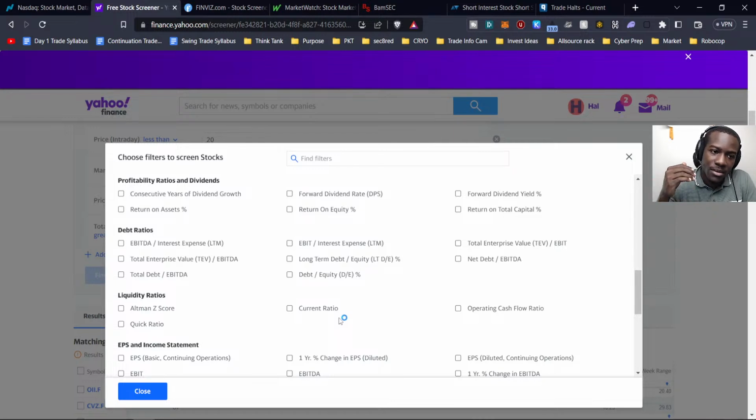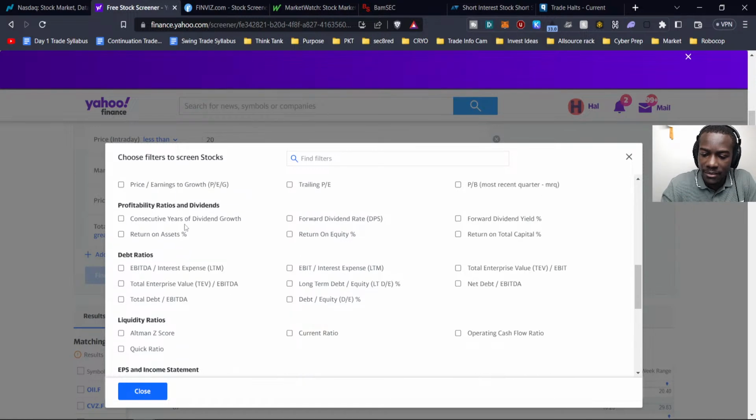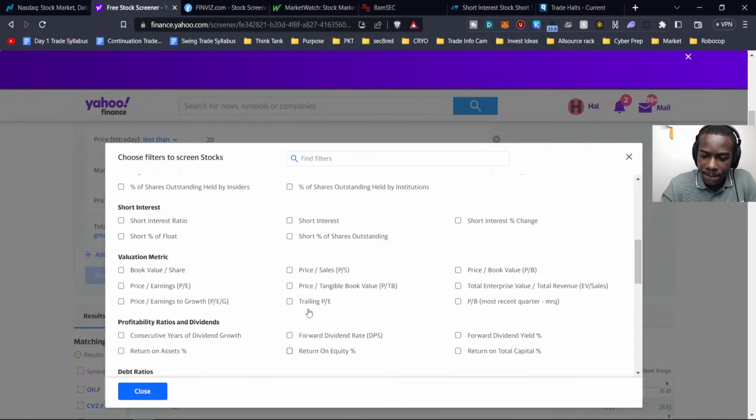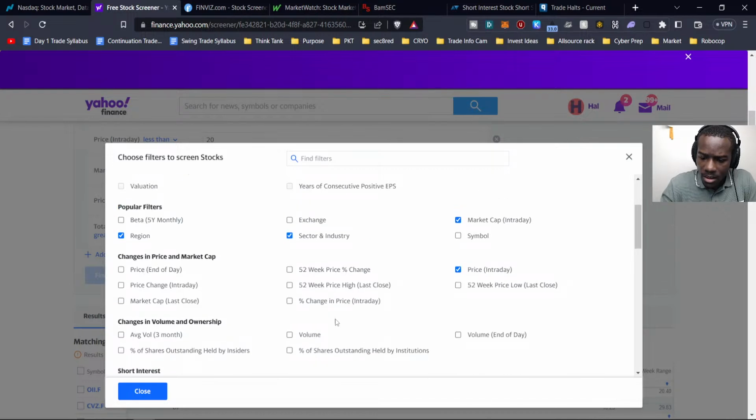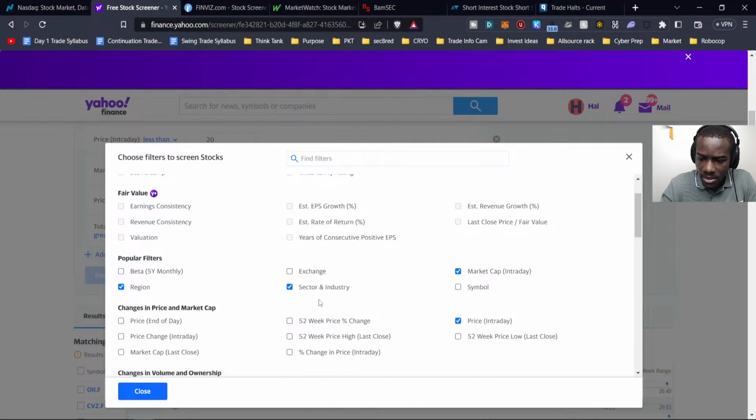If everything was to be due in a year, what's the current ratio? Quick ratio is like if everything was to become due right now, how would they handle paying off their debt? But that's for some other stuff. Let's see, anything else? Nothing really pertaining to float or anything.